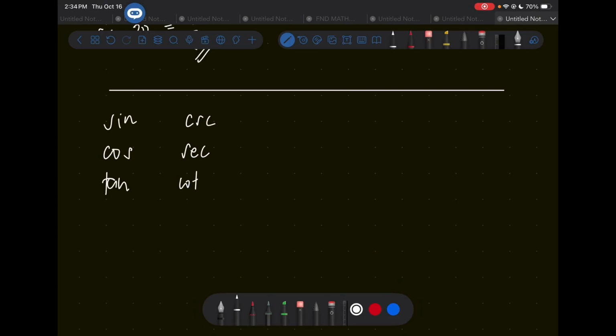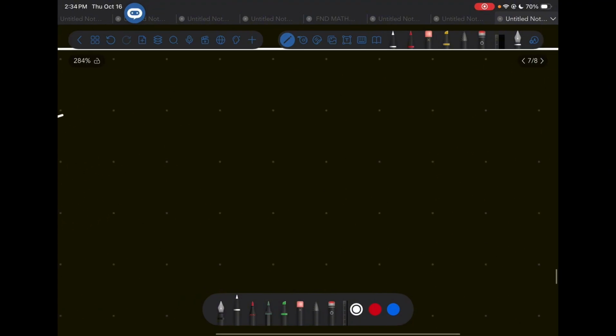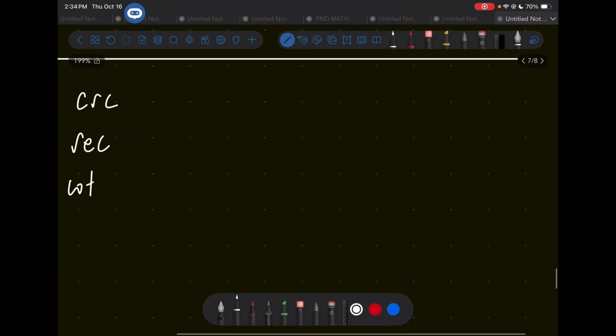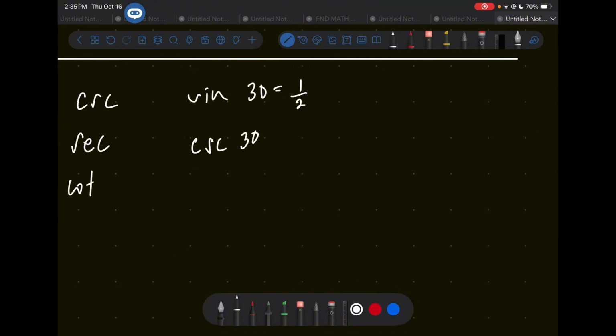So how are we going to do that? Basically, you just reverse the spots. So if sine 30 is equal to 1/2, for cosecant 30 you just flip these two. So it's going to be 2/1, or 2.